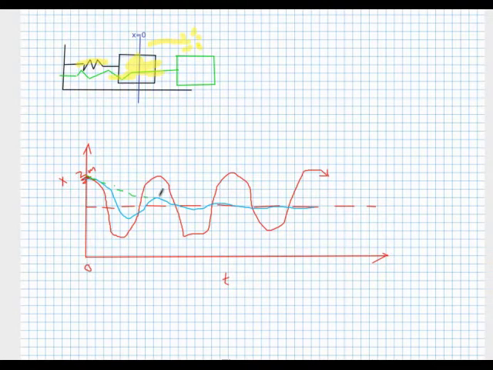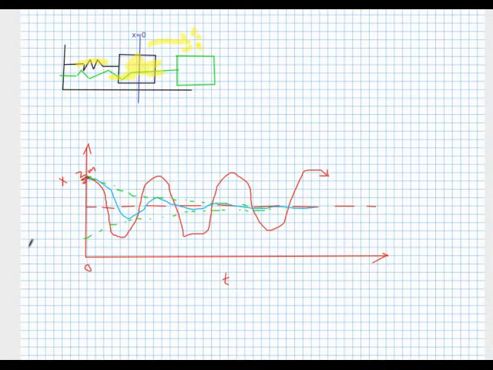So the peak here is going to be less than the peak when we started, and the peak of the third oscillation is going to be even less, and then the fourth oscillation even less. So there's going to be some shape that's going to be governing how this oscillation is going to shrink with time.